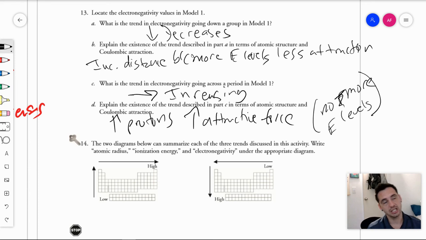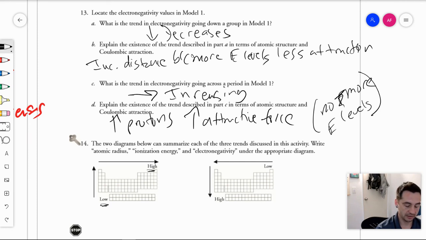I never memorize these trends. I always just think about them, okay? So let's think about this. We're looking at atomic radius, ionization energy, electronegativity. On the bottom here is low and high.